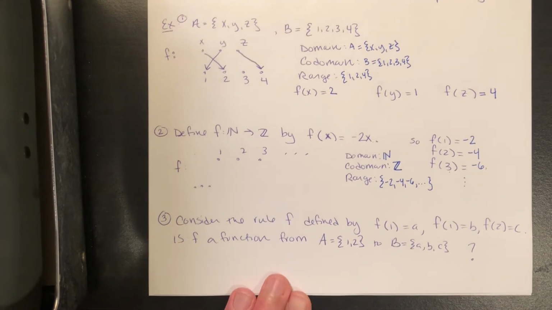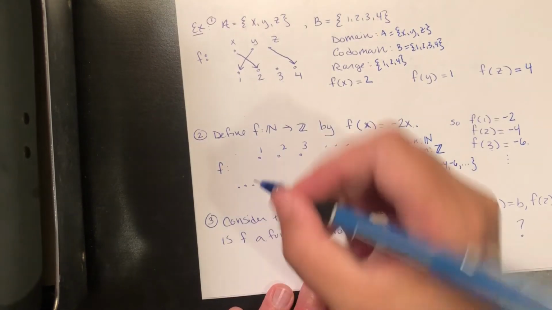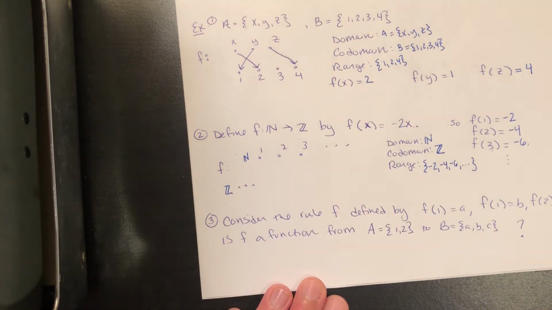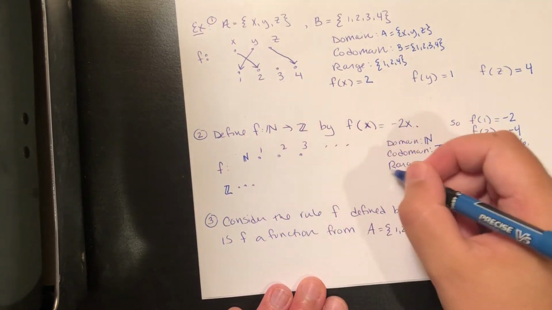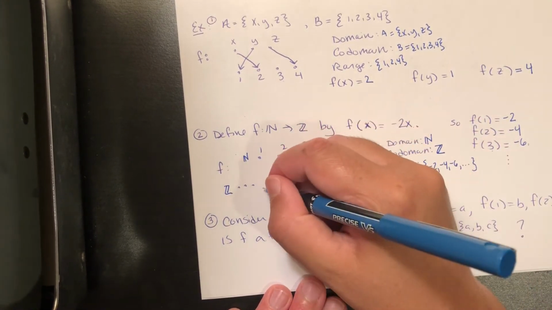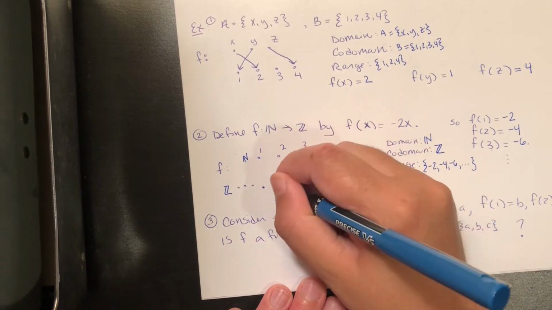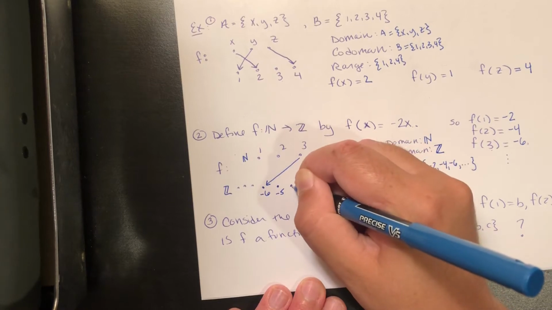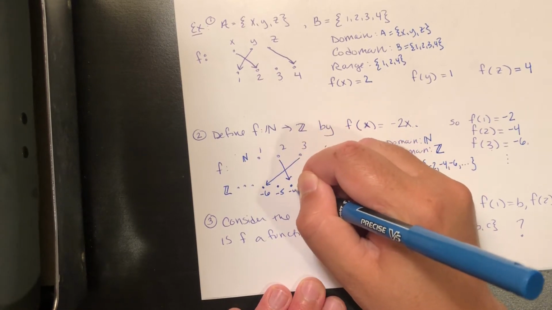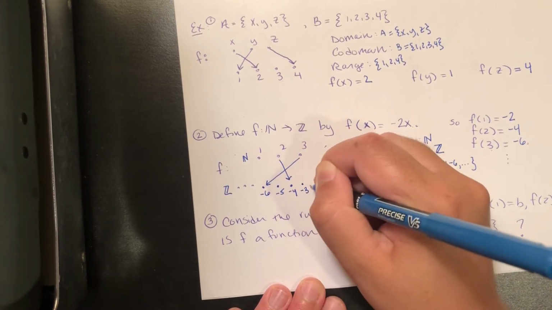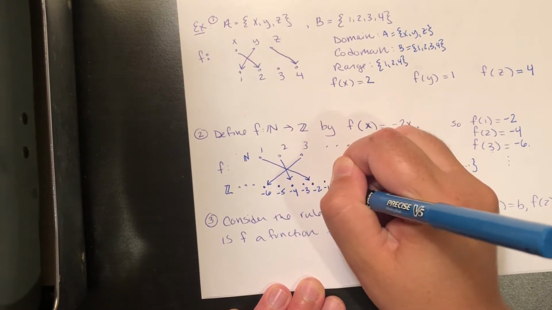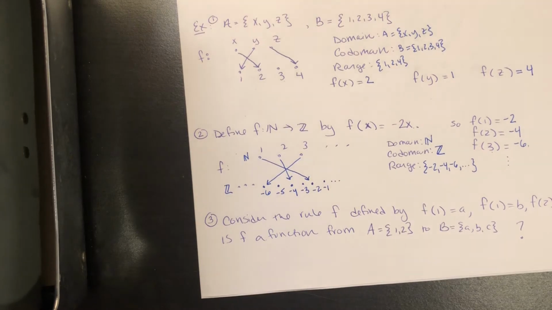Negative even integers. And my diagram is going to look like, well, here's my domain N, here's my codomain Z. I have to try and draw all of these integers. Obviously, I can't really do that, but I know that in my diagram, 3 is going to get mapped to -6, nothing's going to get mapped to -5, 2 is going to get mapped to -4, nothing gets mapped to -3, 1 is going to map to -2, nothing maps to -1, and then I'll just do dot, dot, dots.